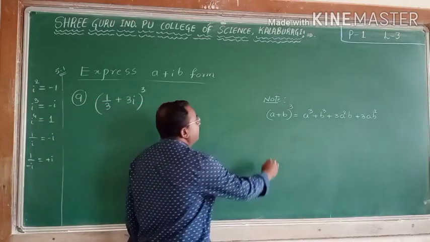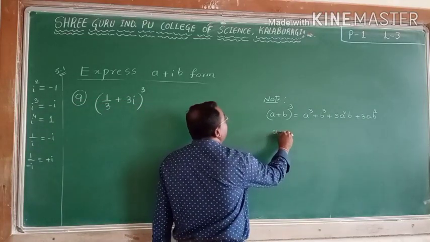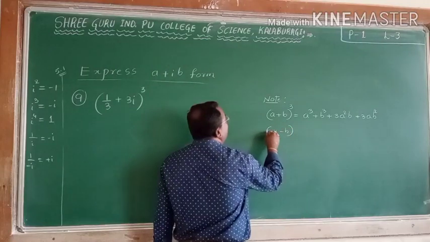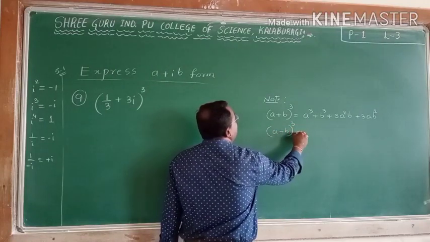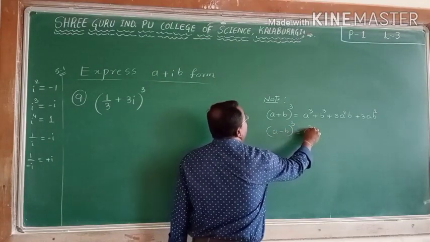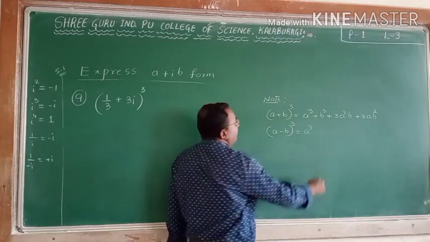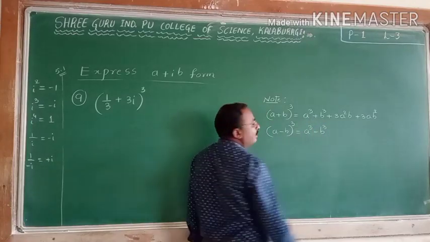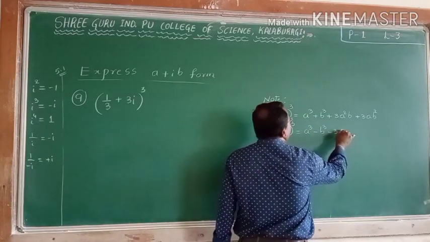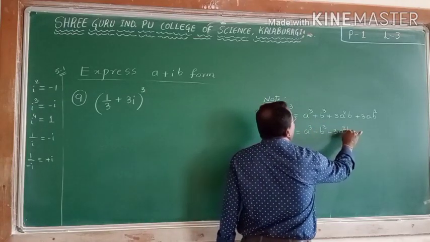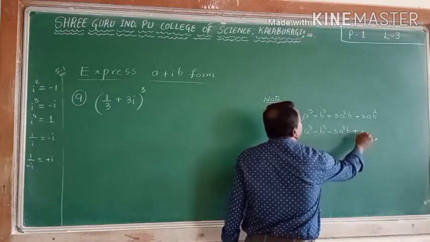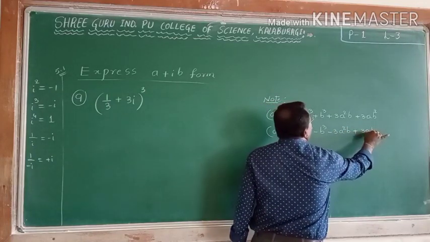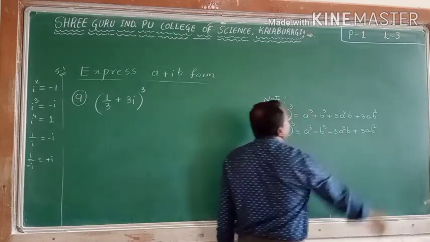Here is another formula. Suppose a minus b whole cube formula, that is a cube minus b cube minus 3a square b plus 3ab square.